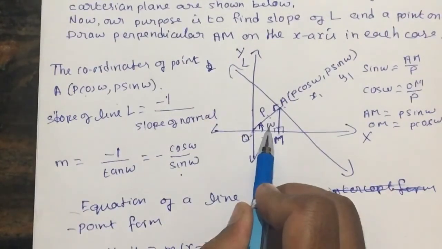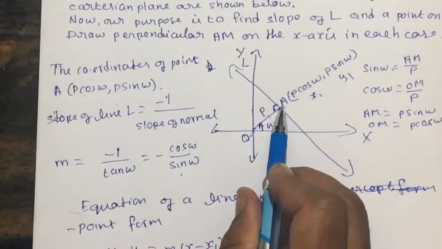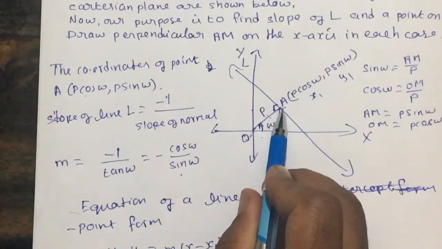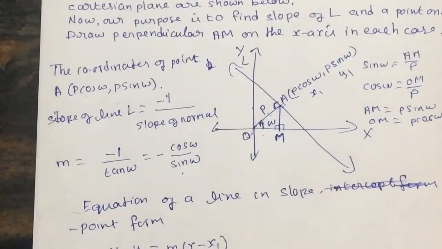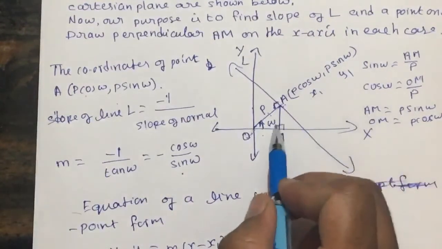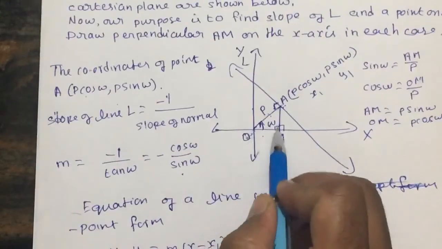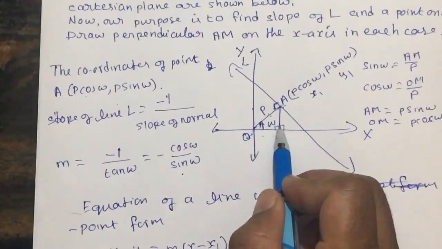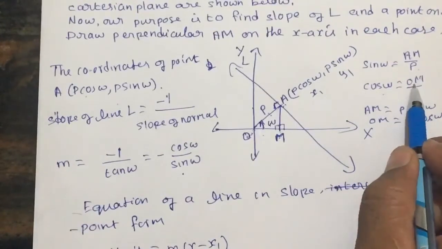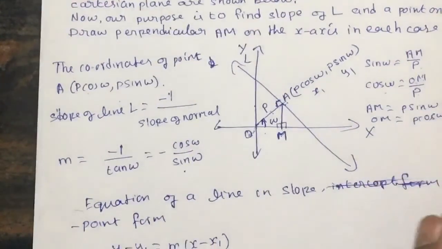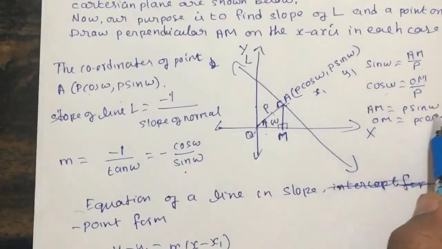Now we shall find the coordinates of a point on the line L and the slope of the line L. First, see, this OMA is a right angle triangle. Therefore, sin omega is equal to AM by P and cos omega is equal to OM by P, that is opposite by hypotenuse and adjacent by hypotenuse. Therefore, AM is P sin omega, OM is equal to P cos omega.